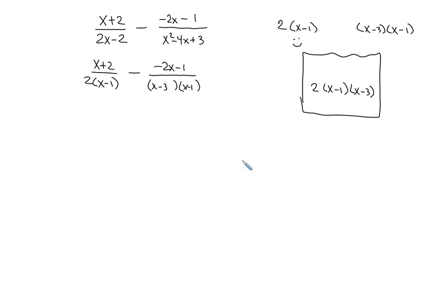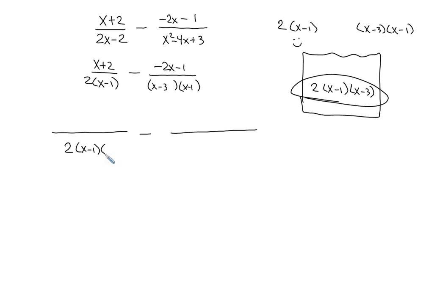X minus 3 is all that's missing. So this then is your least common denominator. Everybody with me? So let's change our fractions. So we have a 2 and an x minus 1 and an x minus 3, a 2 and an x minus 1 and an x minus 3.